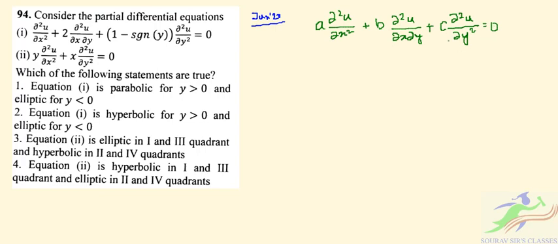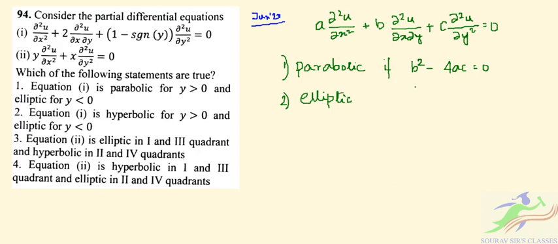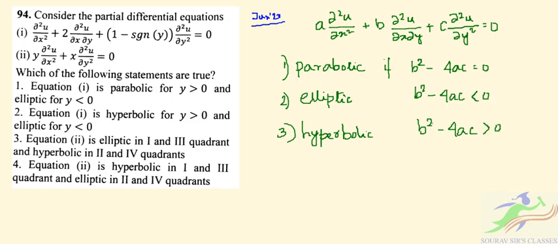For this partial differential equation, it will be parabolic if b square minus 4ac is equal to 0. It will be elliptic if b square minus 4ac is less than 0. Point number 3, it will be hyperbolic if b square minus 4ac is greater than 0.